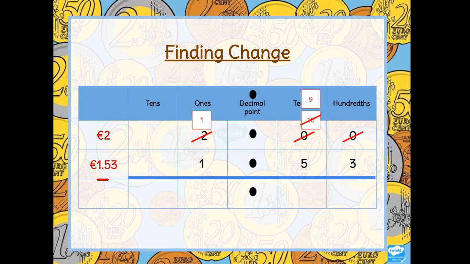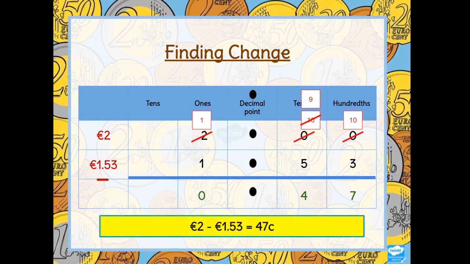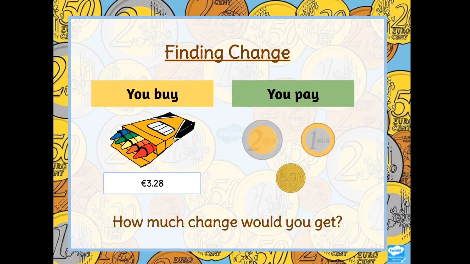You have 9 left, and you have given 10 to the hundredths. So now you have 10 take away 3 equals 7, 9 take away 5 equals 4, and 1 take away 1 equals 0. So €2 take away €1.53 equals 47 cents.